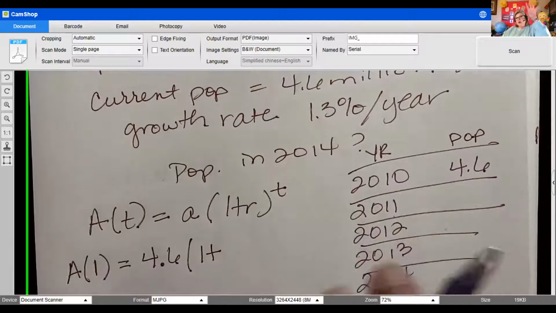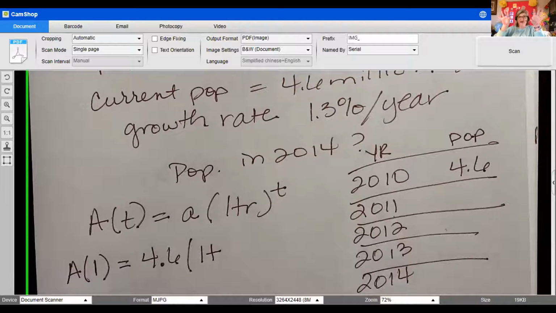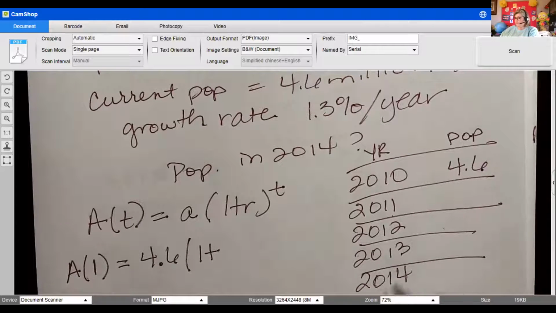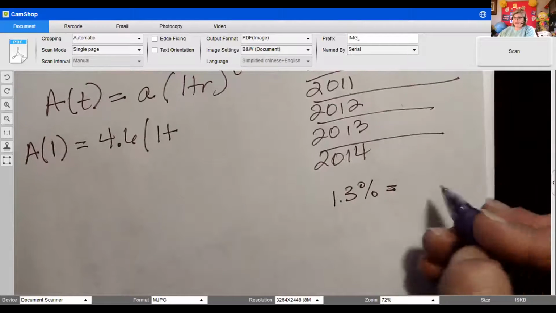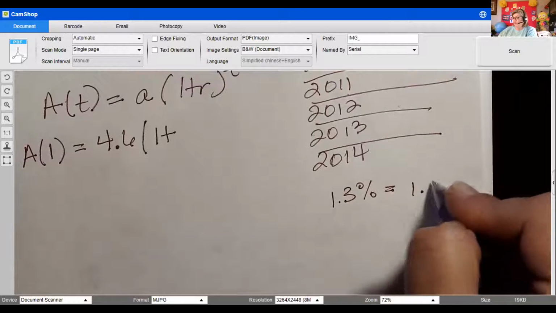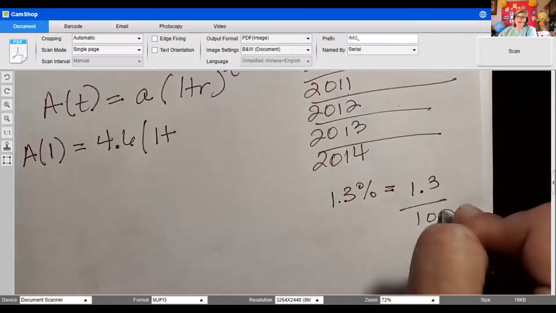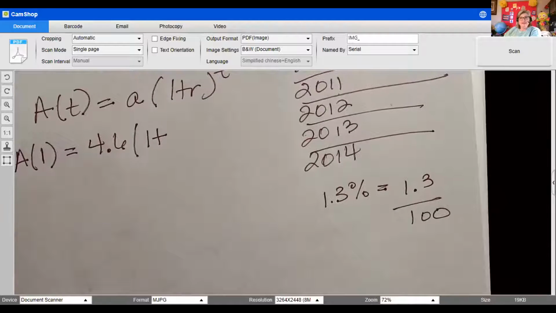We can't add a whole number and a percentage. We have to convert the percentage to a decimal. And so if you remember, 1.3% is equal to 1.3 over 100. That's what a percent is.